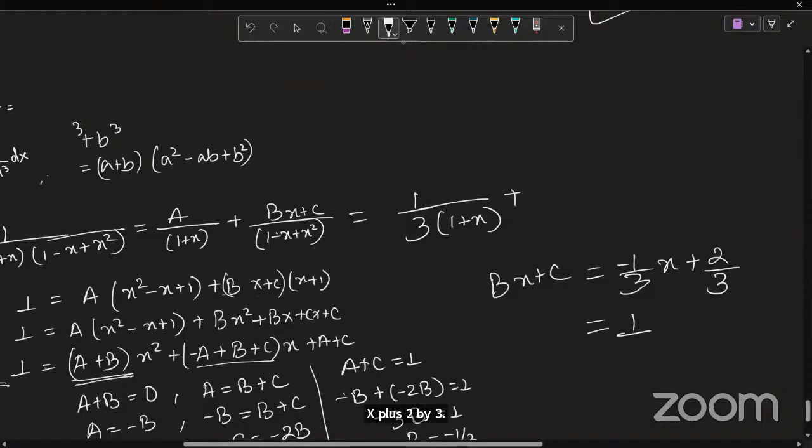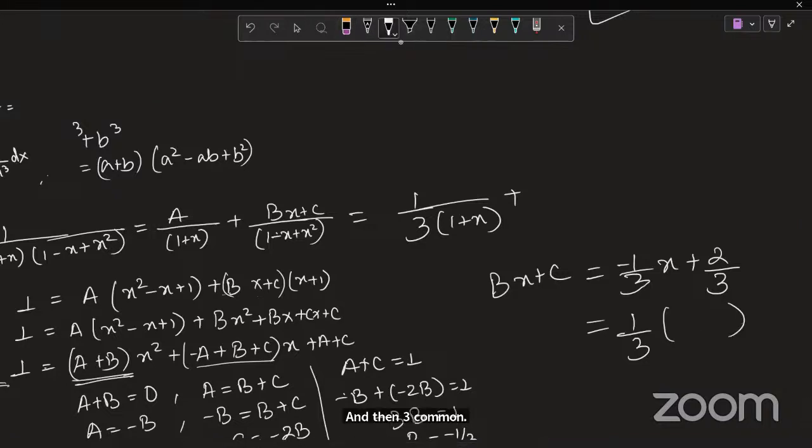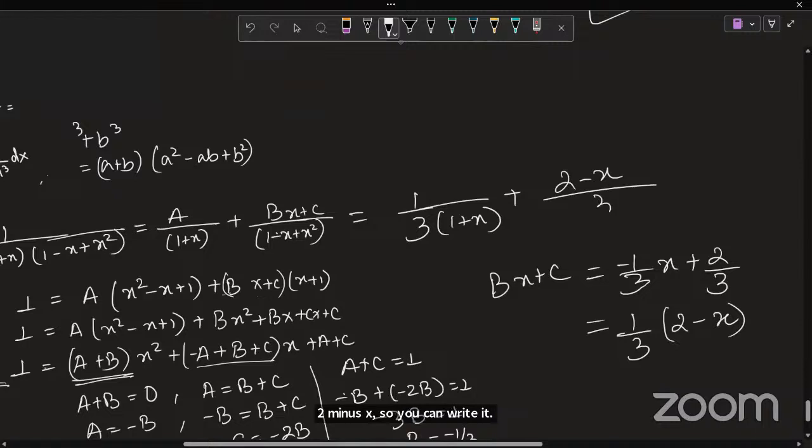And then 3 common, 2 minus x. So you can write it as 2 minus x upon 3 into 1 plus x square minus x. I'm writing this. Any doubt in this?